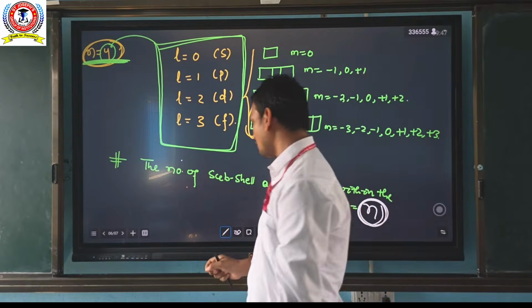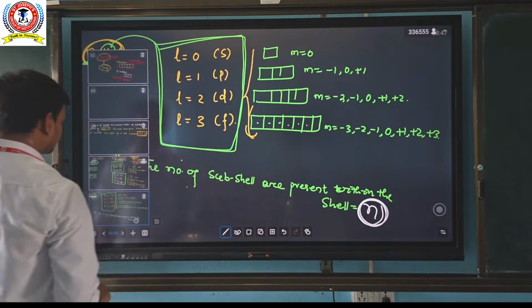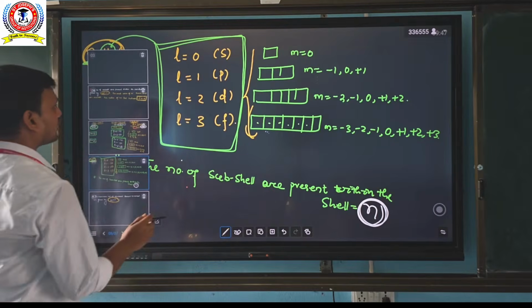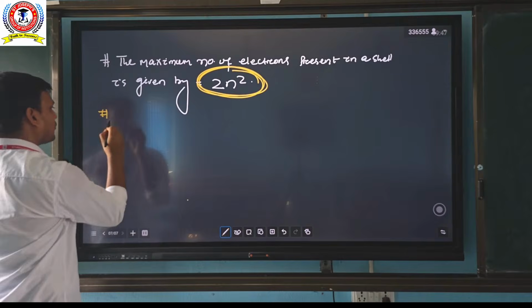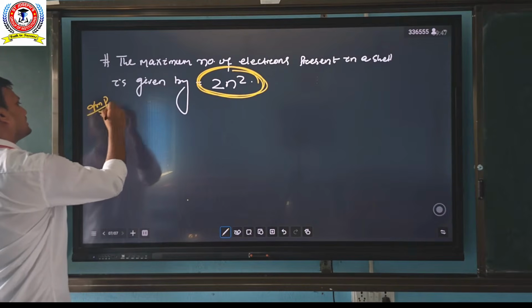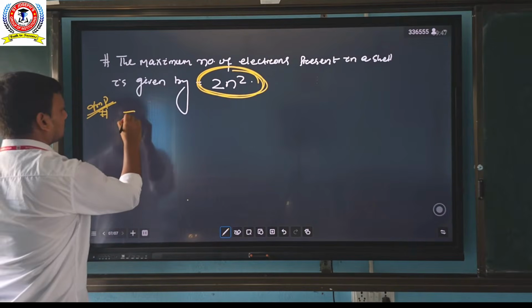That means the formula for the number of orbitals present in a cell is the most important point.